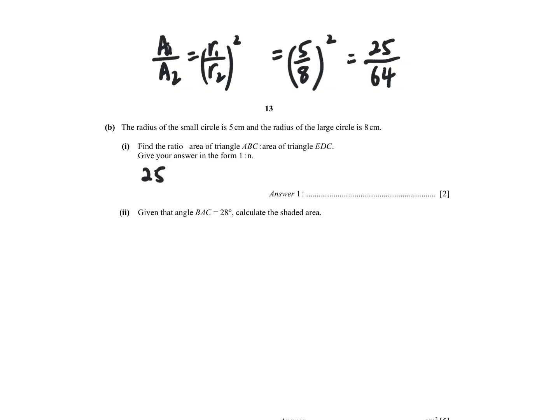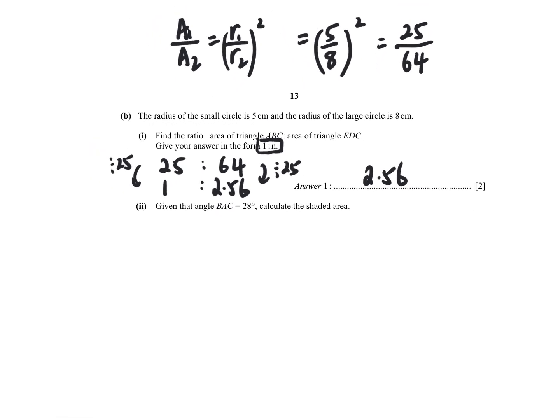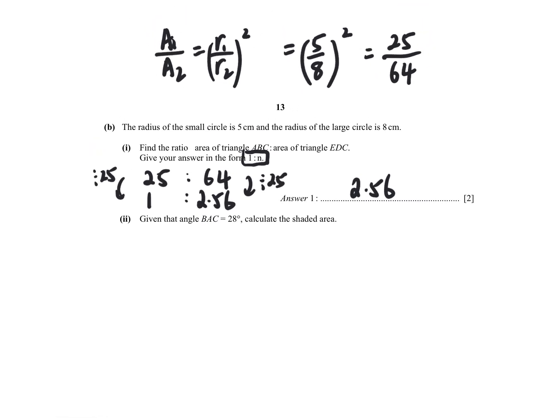But I don't want 25 is to 64. They want 1 is to n. So you need to divide by 25 on both sides. So 64 divided by 25 is 2.56. They want like that, so we give like that. Then you all round off to 3. Can you all just give me 3 SF? You round off to 3 for what?